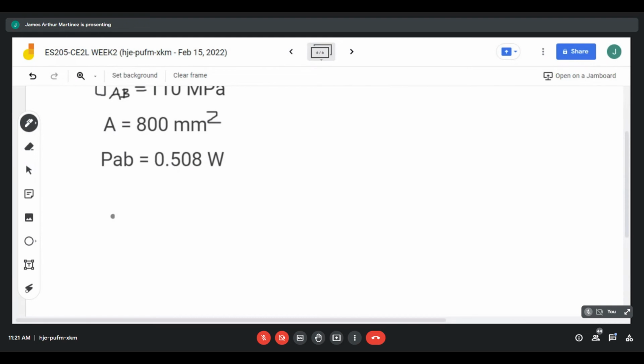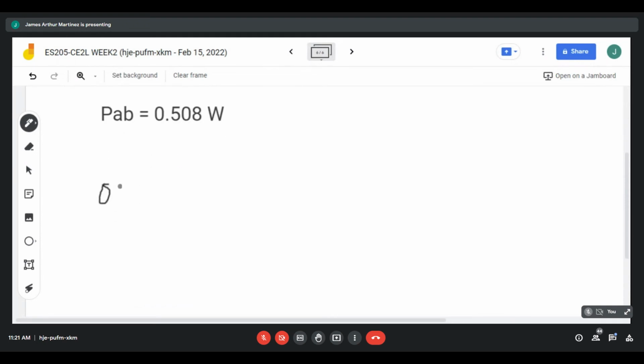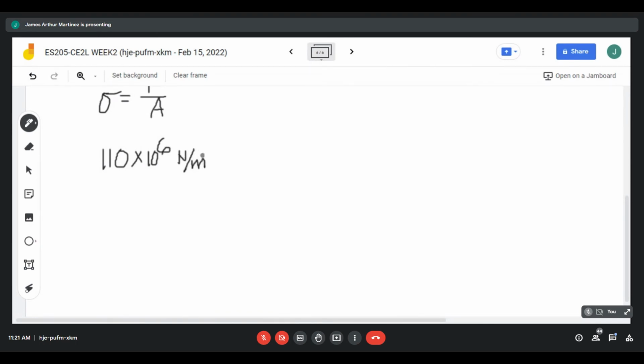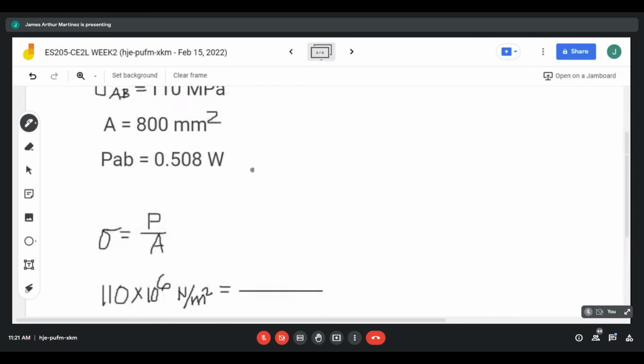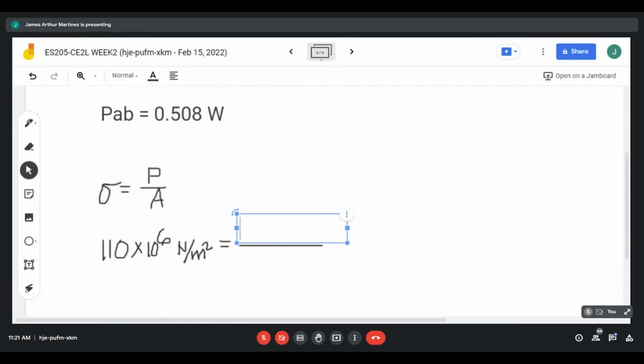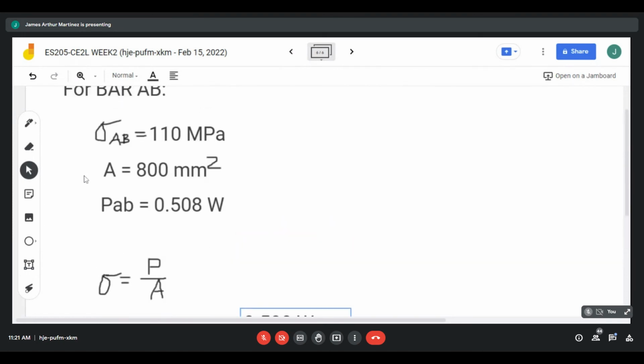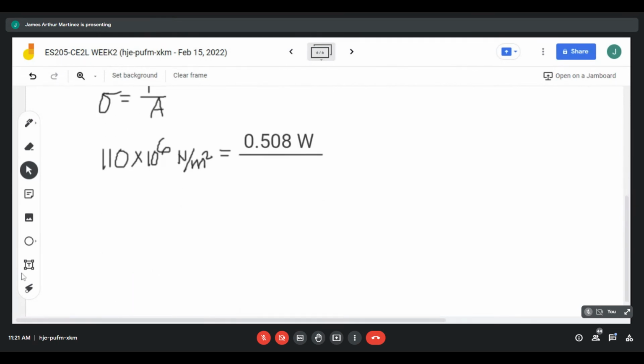Using the formula provided for stress, which is stress is equal to P over A. So you have 110 MPa, so times 10 to the power of 6 newtons per meter squared is equal now to PAB, 0.508 W, divided by the cross-sectional area of bar AB, 800 millimeters squared.